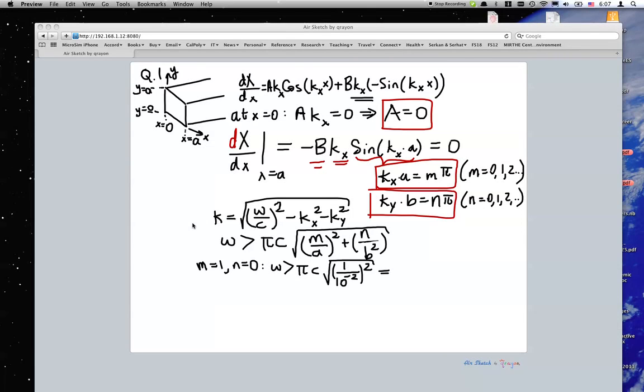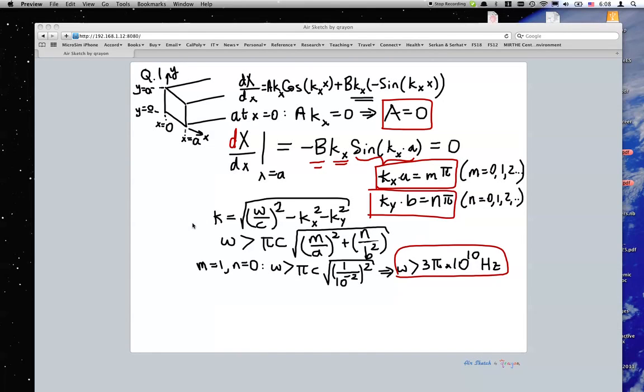So omega must be greater than pi c, and 1 over 10 to the minus 2 comes outside the square root. That means 3 times 10 to the 10, so it has to be greater than 3 pi times 10 to the 10 hertz. Okay, that's the first result.